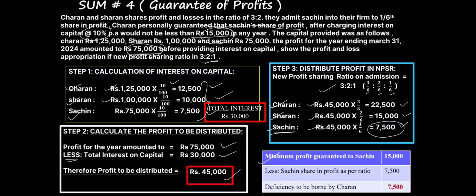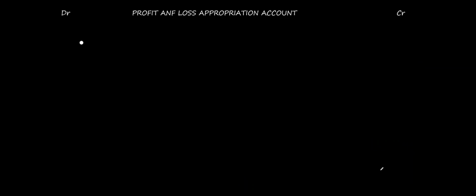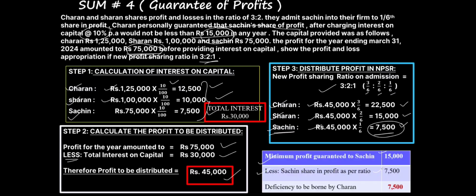So minimum profit guaranteed to Sachin is rupees 15,000. Deduct Sachin's share in profit as per the ratio, that is 7,500. Here the deficiency to be borne by Charan will be rupees 7,500.